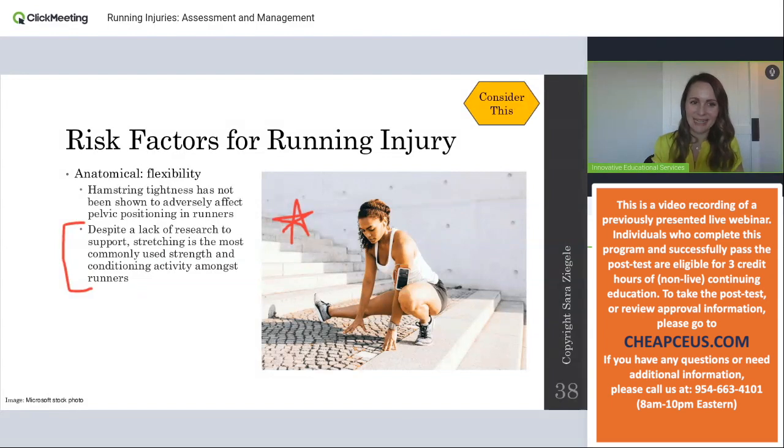Flexibility tends to be the way. Although, really, we don't have any research that says being part of this prophylactic flexibility program is really protective in any way. Hamstring tightness, they've done specific ones looking at that and pelvic positioning. We don't really see any direct implication on how it impacts our running form.